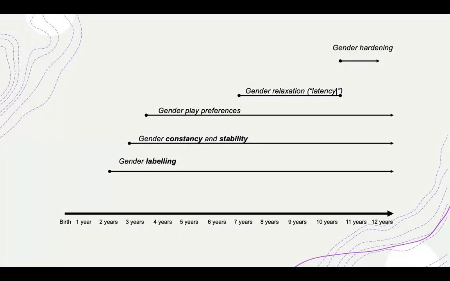There's an interesting period just before puberty, and the psychodynamic theorists also identified this, of what they call latency, or what you could call gender relaxation. There's this interesting moment before all of the physiological stuff with puberty that makes physical differentiation much more visible, where kids seem to drop some of the rigidity around play preferences, some of the differentiation or division of the world into gendered categories.